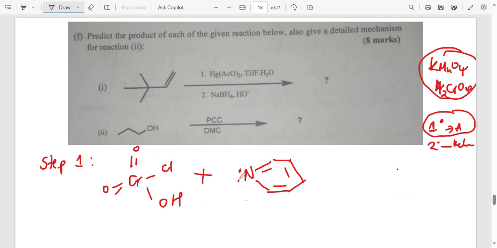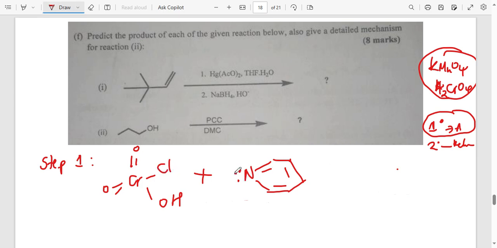So this is our PCC. Please don't forget, it has two double bonds with oxygen. One with hydroxide, because normally in sulfuric acid this was supposed to be OH, but you are just removing one OH from sulfuric acid and substituting with chlorine.